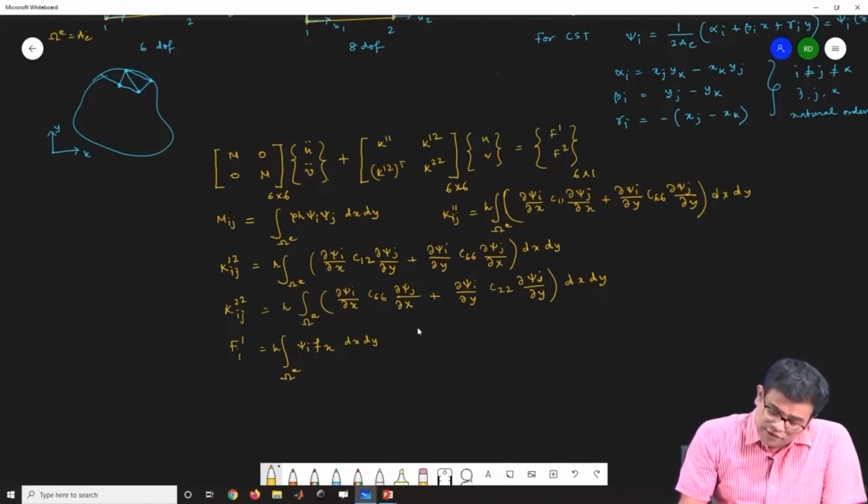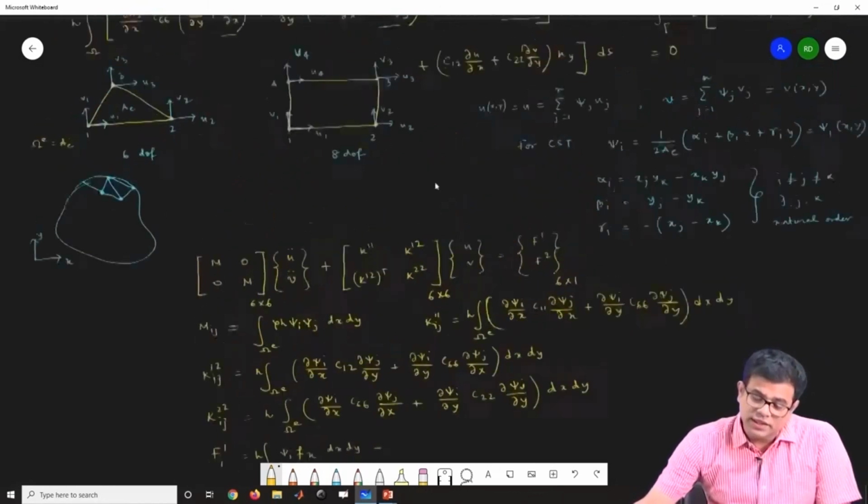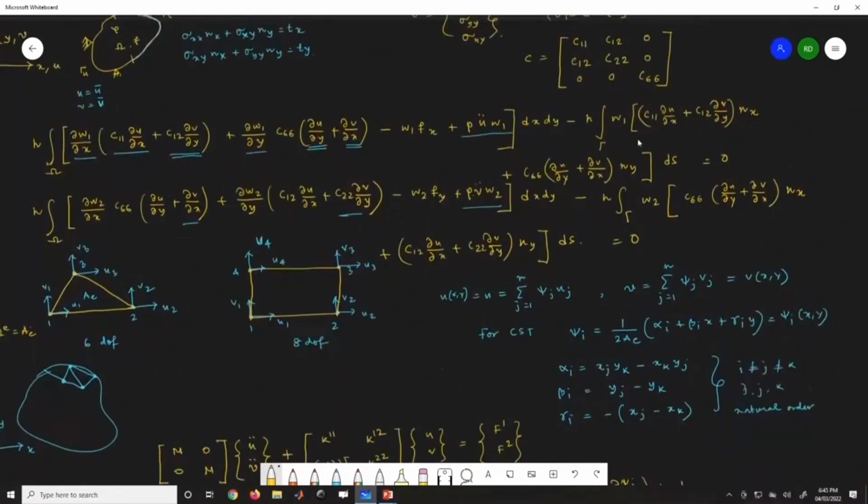Now this is again multiplied with dx dy, and this is the area integral over the two-dimensional surface, and then you will have this traction vector. While doing the traction, if you look carefully, this quantity is nothing but sigma xx nx, and this quantity is nothing but sigma xy ny.